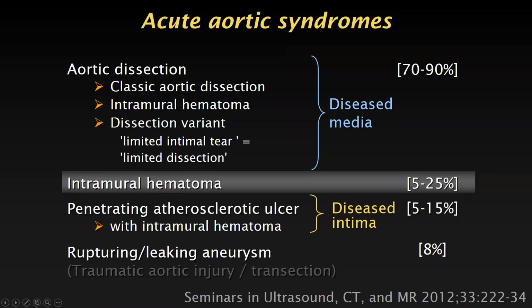Most of the time, IMH refers to a variant of aortic dissection, when you have cystic media disease and the space that's otherwise filled by flowing blood in the false lumen is filled by clot. That's IMH as a dissection variant.